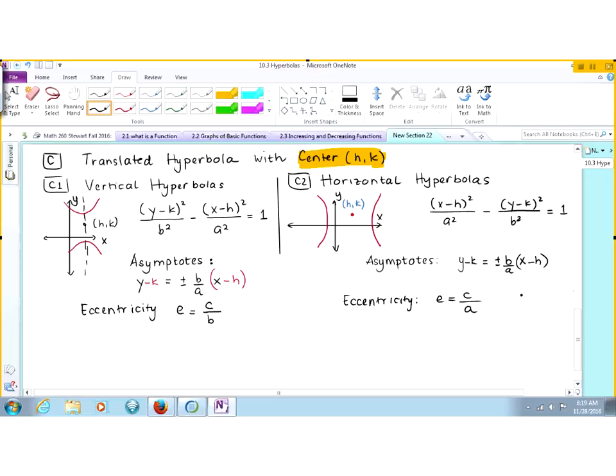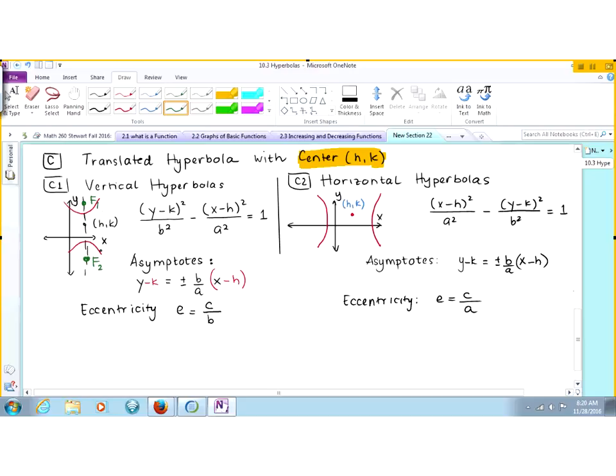Now, do you have to memorize this? Let me give you a pointer so that you don't have to memorize. Look at this. The first one, C1, vertical hyperbolas. Where are the foci located? Here, right? Foci and foci.